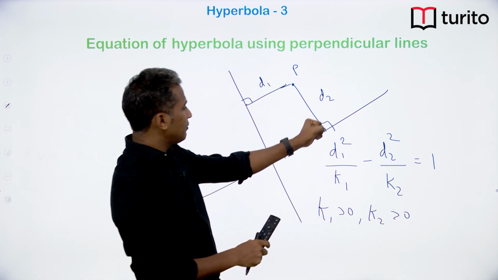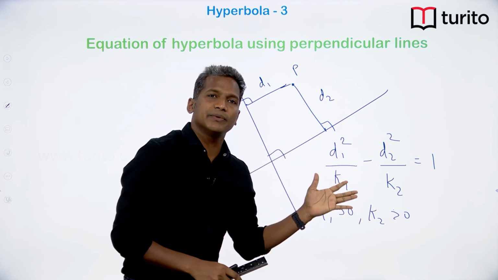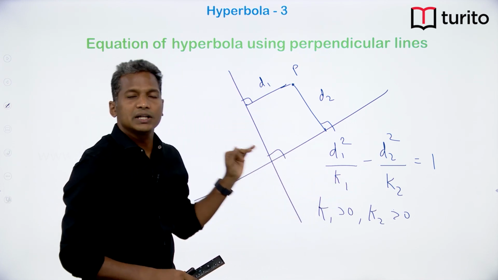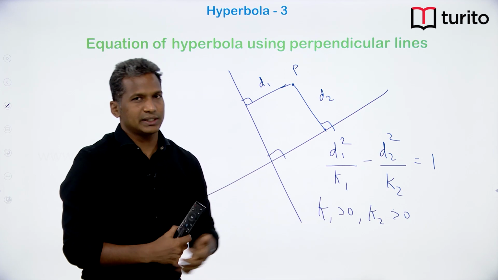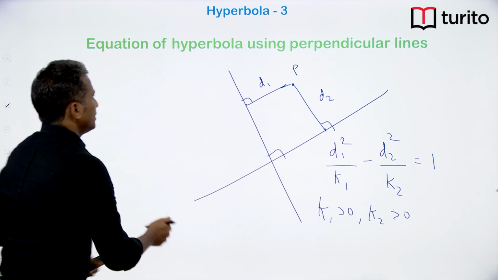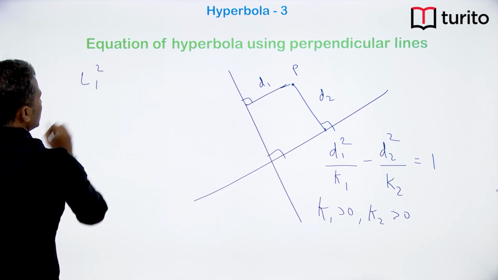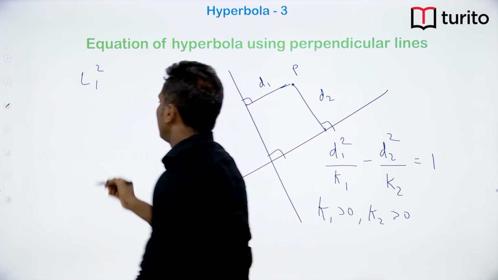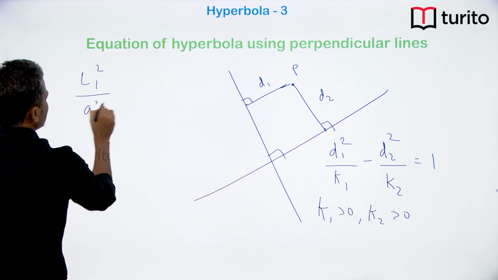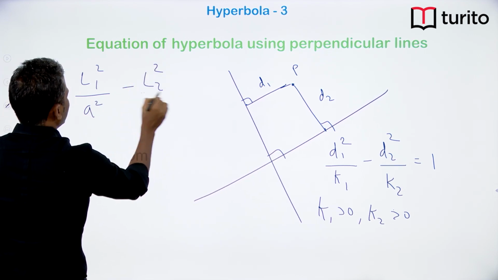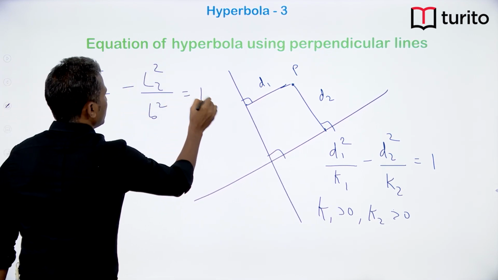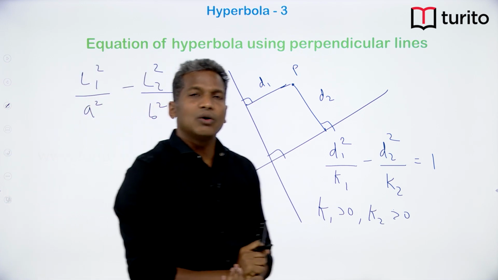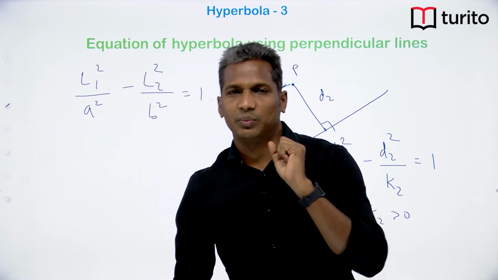Now, based on whichever coefficient is positive, we will choose the transverse axis and the conjugate axis. So, in general, if we get L1 square, where L1 is a linear expression, divided by a square, minus L2 square by b square equal to 1, this also always gives us a hyperbola.